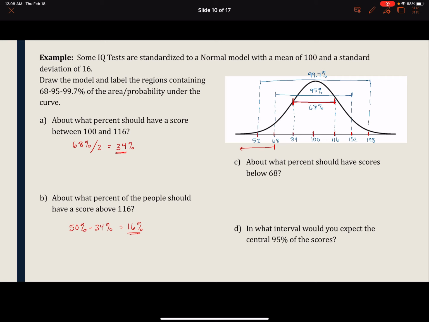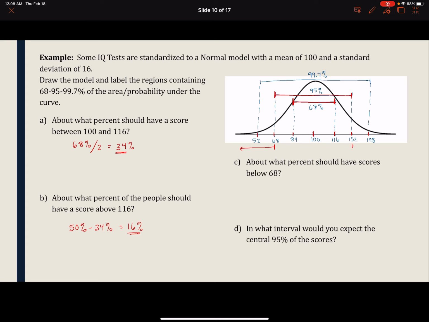Well, I know from the 68, 95, 99.7 rule that from here to here, from 68 to 132, is 95% of the data. And I know that the entire model represents 100% of the data. I also know that the normal model is completely symmetric. So if the whole thing's 100%, and the middle between 68 and 132 is 95%, then I have 5% left over.